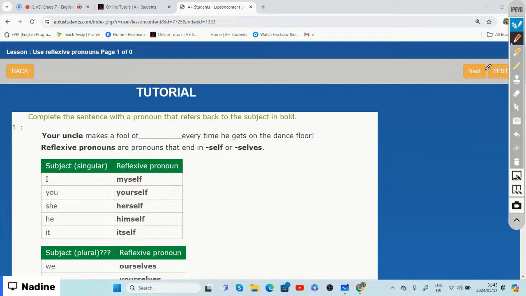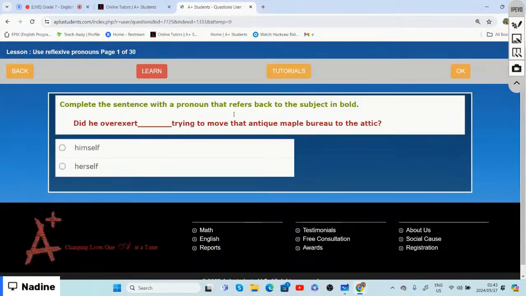So he's making a fool of himself every time he gets on the dance floor. All right, now we're going to our test. So we are using our reflexive pronoun only, right? It says, did you overexert? Do we say himself trying to move that antique maple bureau to the attic? Or did he overexert herself trying to move the antique maple bureau to the attic?